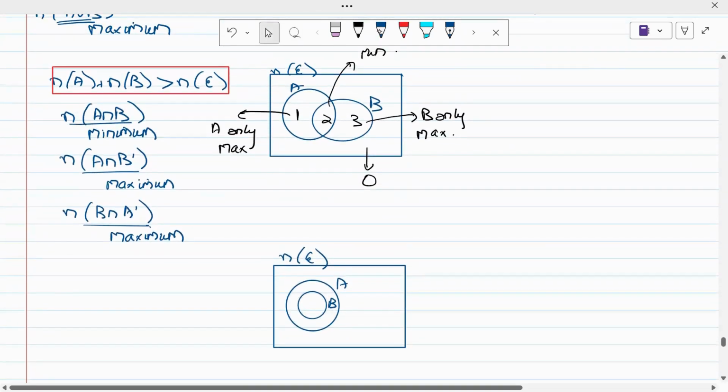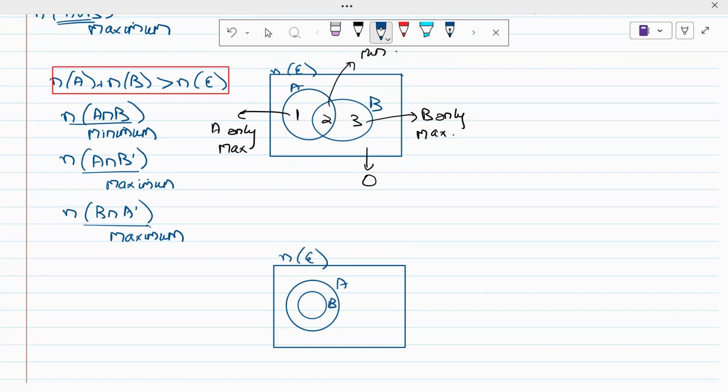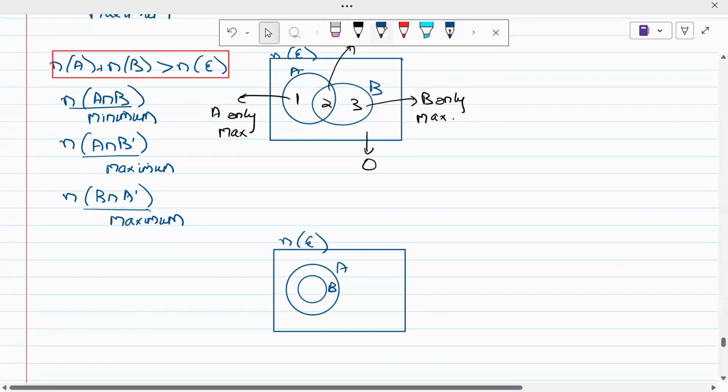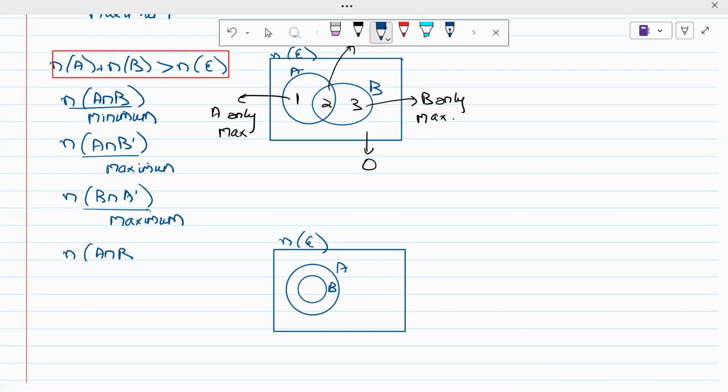Consider the fact that to get the intersection to be maximum, to have the common elements at the maximum level, the smaller set would eventually become the subset of the bigger set. So for this third case, always remember N of A intersection B, the intersection, would always be maximum. N of A union B, in this case, will always be minimum.